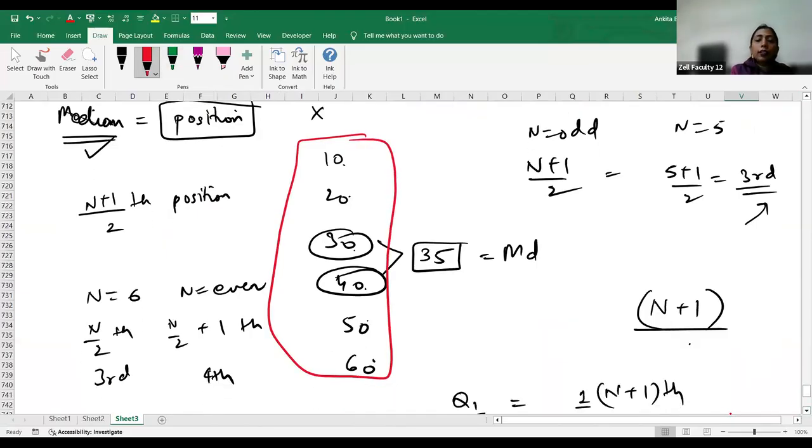If this is the data and I want to find the first quartile, the first quartile is (n plus 1) by 4, and n plus 1 is 6 plus 1, 7, and 7 by 4.